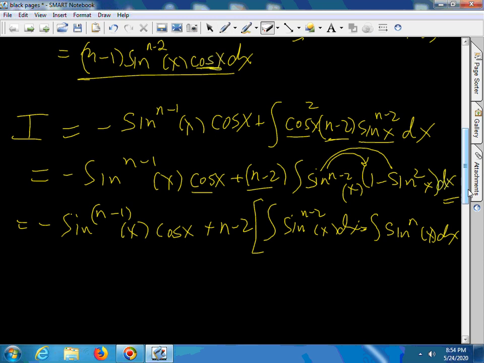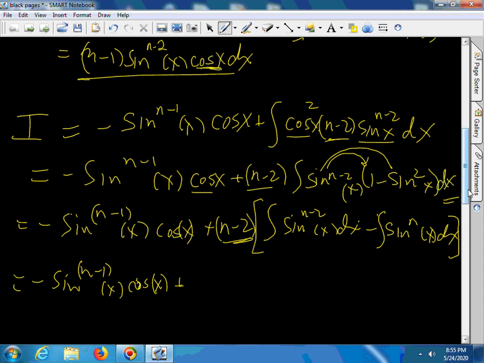And I do have one little typo. Well, okay, I don't have a typo. Remember, we have the n minus 2 in front. So this is negative the sine raised to the n minus 1 of x times cosine of x.